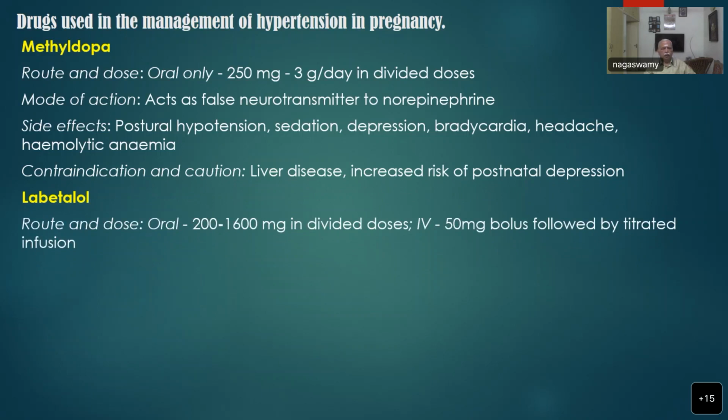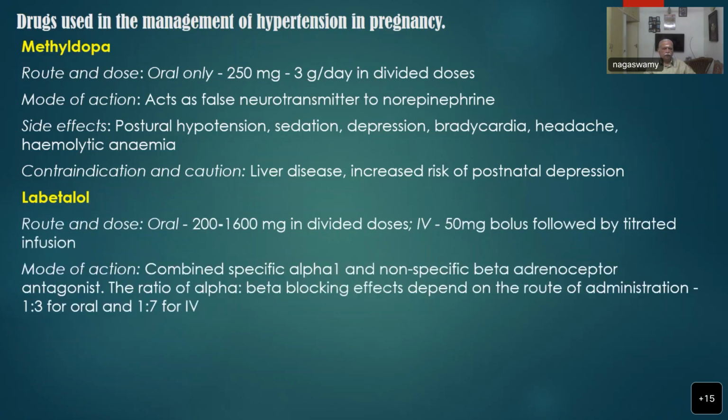Oral is 200 to 1600 milligram, IV 50 milligram bolus followed by titrated infusion. It is a combined alpha and beta blocker, so it blocks both the alpha and beta receptors. But the ratio of alpha to beta blocking effects depends on the route of administration. For oral, it is 1:3, with a lesser beta blocking effect.